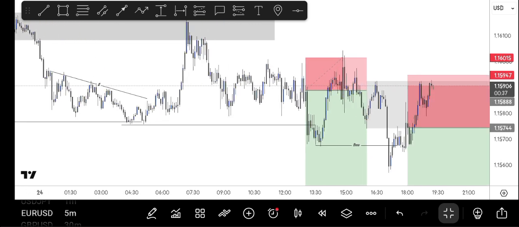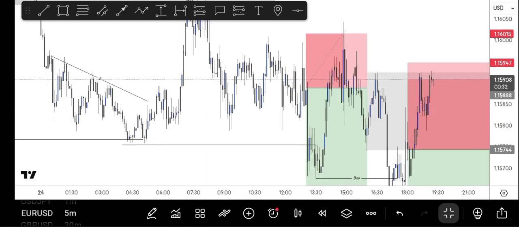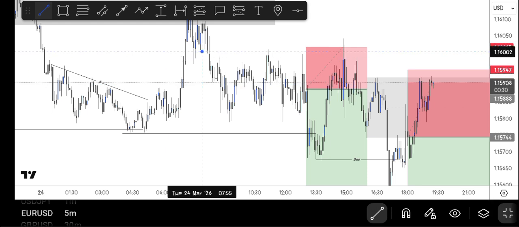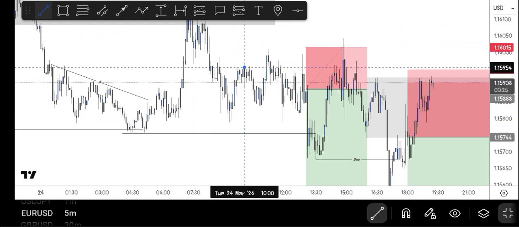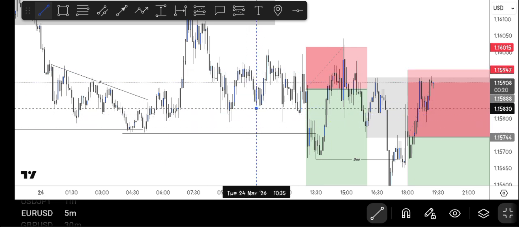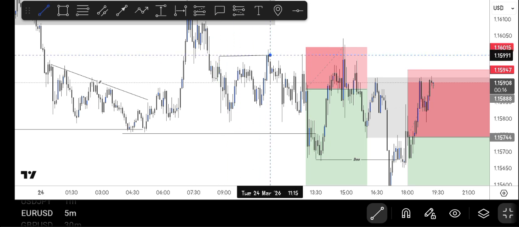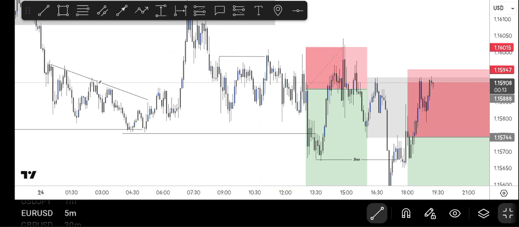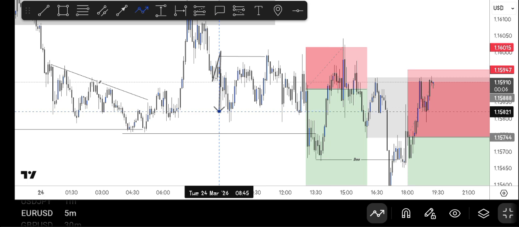Looking at it, why I entered this first trade: price took liquidity, came down, went up again, then was coming down but it faded. So it went up taking liquidity from this previous high right here, because this is a high where you see our highs and lows.